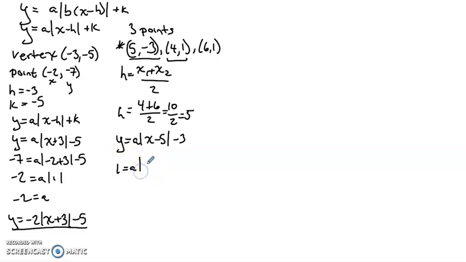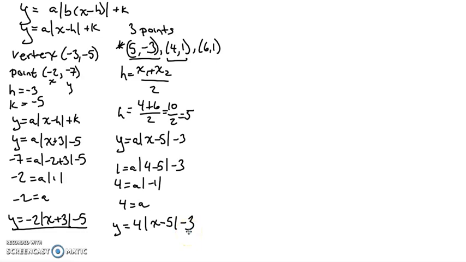So 1 equals a times the absolute value of 4 minus 5, minus 3. Let's add 3 to both sides, and we get 4 equals a times the absolute value of -1. The absolute value of -1 is 1, so then we get 4 equals a, and we're ready to write our rule. y equals 4 times the absolute value of x minus 5, minus 3.